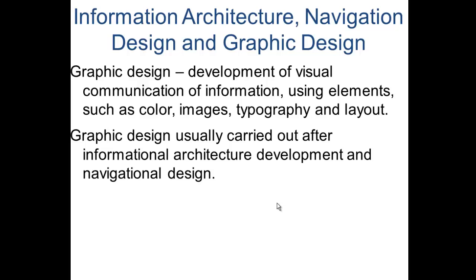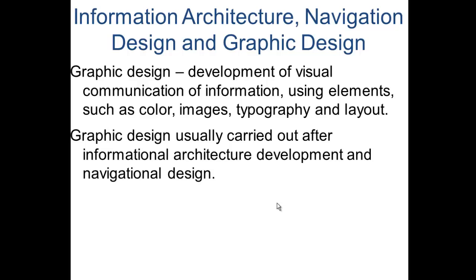Graphic design refers to the development of a visual communication of information using elements such as colors, images, typography, and layout. For instance, we have become really accustomed to a three panel type of layout. In other words, our screens are laid out so that there is a left side panel that provides types of information, in the center is the main focus, and on the right is another panel.